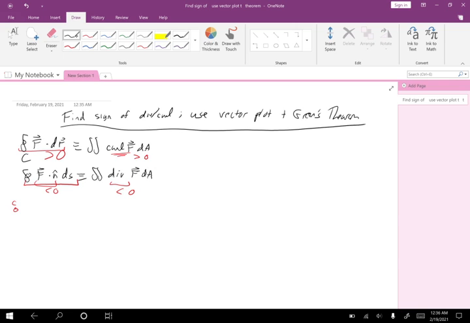So let me just give an example of what I'm talking about. Let's consider a vector field of this form, and please bear with me as I attempt to use my non-existent artistic skills.